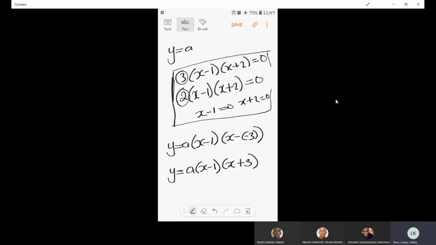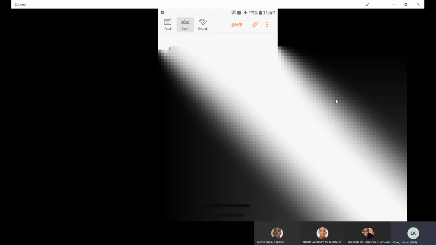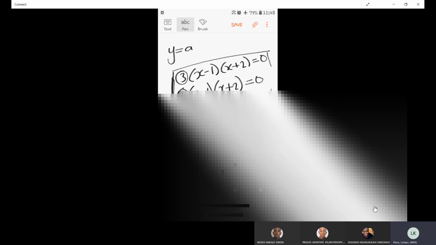Now I am told that it has a turning point (-1, 8). The turning point is a point on the parabola, so it must satisfy the equation of the parabola. So when I substitute y = 8 and x = -1, it satisfies the parabola.